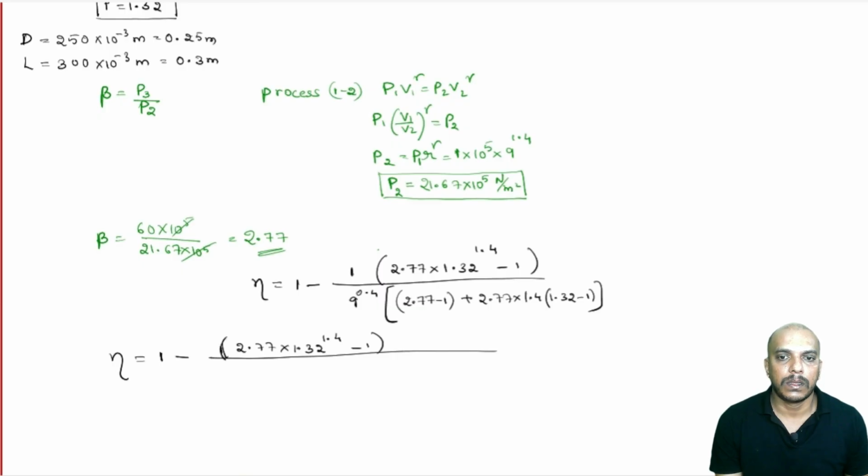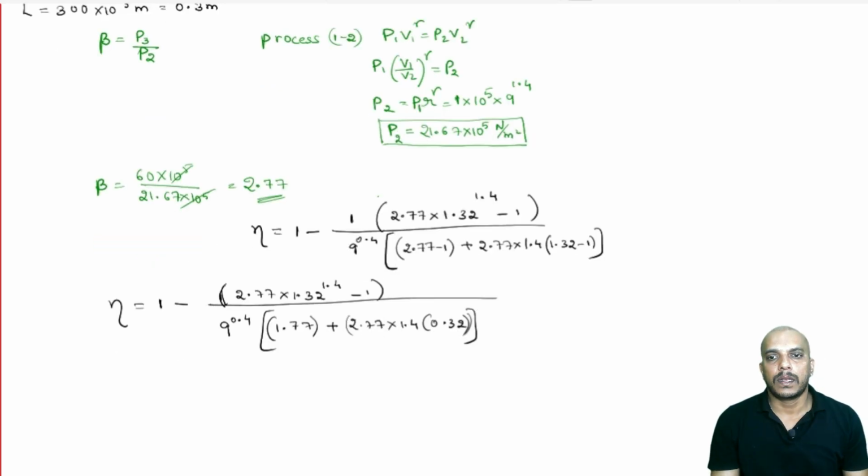Then 9 power 0.4 into 2.77 minus 1, which is 1.77, plus 2.77 into 1.4 into 0.32. Now let us solve this equation.